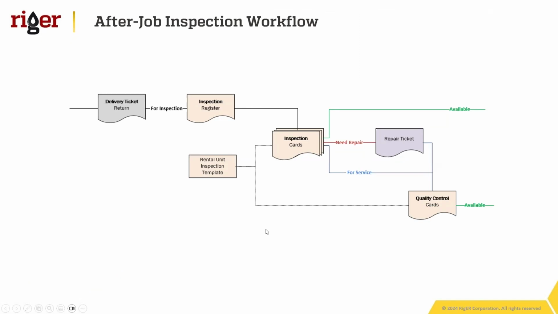As we mentioned, but probably worth mentioning again, the quality control card is the second inspection. So if you require rigorous inspection, that would be a second inspection card that's generated.